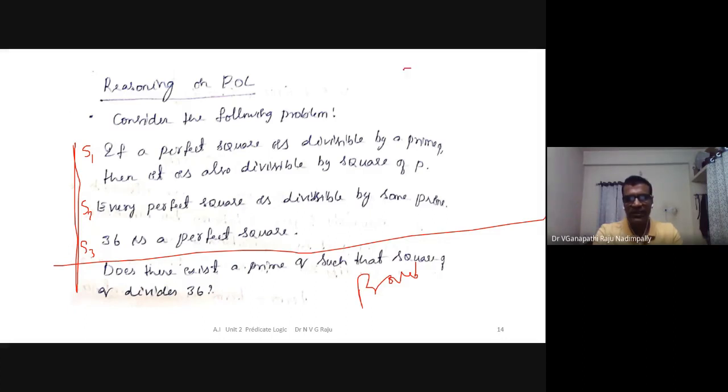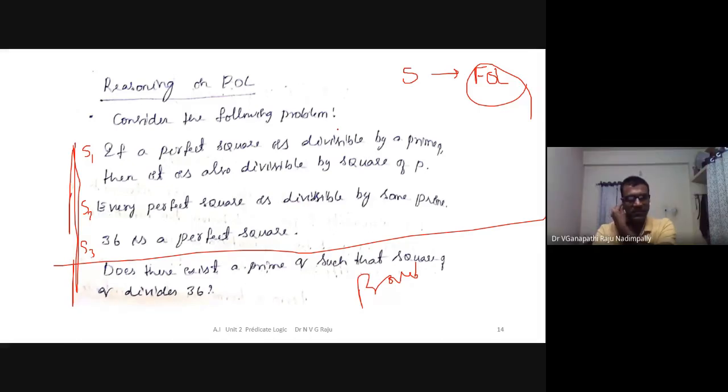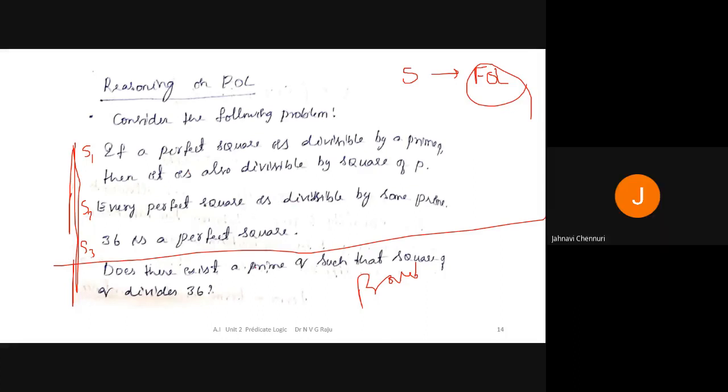We should convert the sentences into FOL. Everyone agrees? Yes, sir. Now we should also convert the sentence we have to prove into first order logic. Shall we go? Yes, sir. Now everybody has taken the sentences.